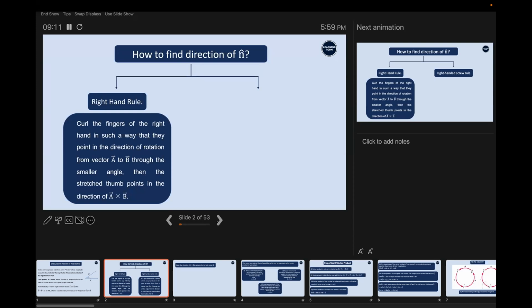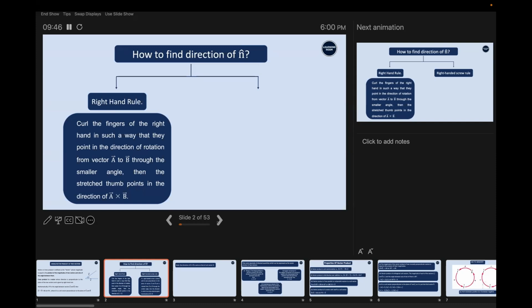So when you do this, hold your thumb, for example, you keep it like this. Curl the fingers of your right hand like this. After this, extend your thumb. Once you extend the thumb, this will be the direction of n cap when you do A vector cross B vector. Means you have curled the fingers in the anti-clockwise direction. Just to understand this concept better, we will try to curl it in the clockwise direction, that is, we will try to find B vector cross A vector.